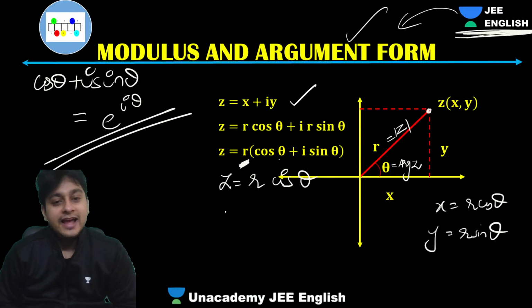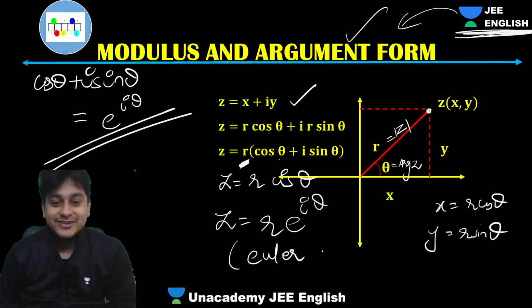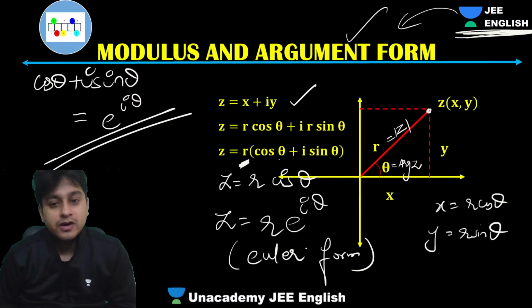And that is why we can write r cos theta plus i sin theta as r e to the power i theta also, which is called the Euler form. Okay, E means Euler number, that's why it is called the Euler form.